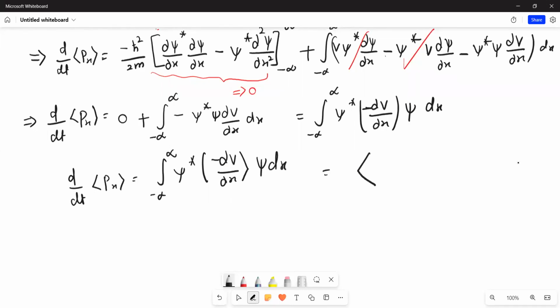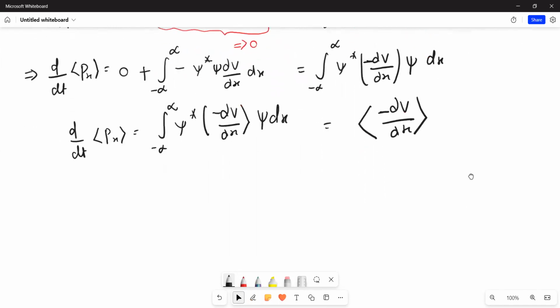This is the expectation value of minus dou V by dou x. Minus dou V by dou x means what? It is the force, from the potential we studied. Hence this equation is proved: d by dt of the expectation value of px is the expectation value of force.